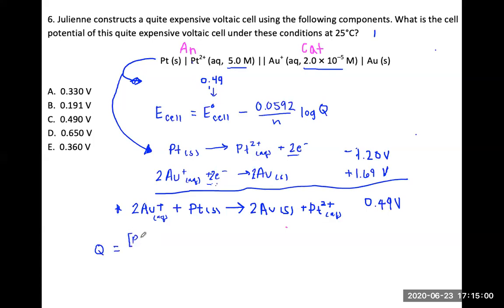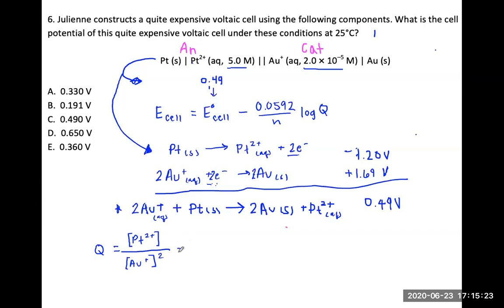We'll have our platinum 2 plus ions to the power of their coefficient, so just 1 here, divided by any aqueous or gaseous reactants, which will just be our gold ions, to the power of their coefficients. This will be squared.